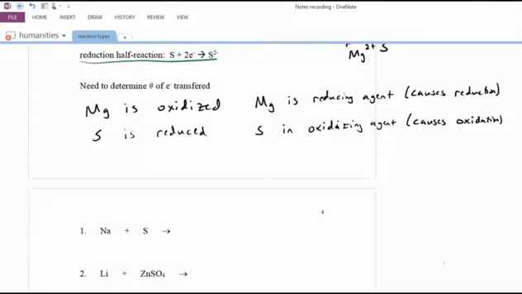So, let's look at these. We have sodium, which starts out with no charge, no oxidation number, and same with sulfur. But when we put them together, we would have Na+, an S2 minus. So we would get Na2S. So sodium is oxidized.